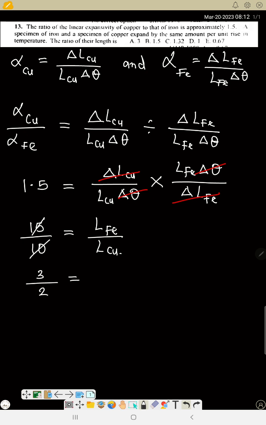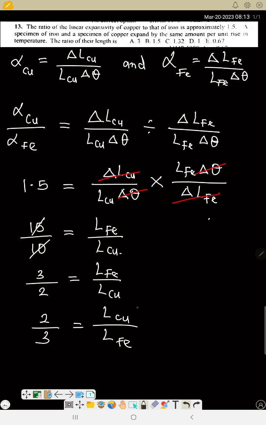So now this is equals to Fe over, so it should be copper over iron. So you can take the reciprocal of both sides. If I say reciprocal, it means you turn this upside down, you turn this also upside down, or you cross multiply. But I'm taking the reciprocal of both sides. So if this is now 2 over 3, then this will be length of copper divided by length of iron.